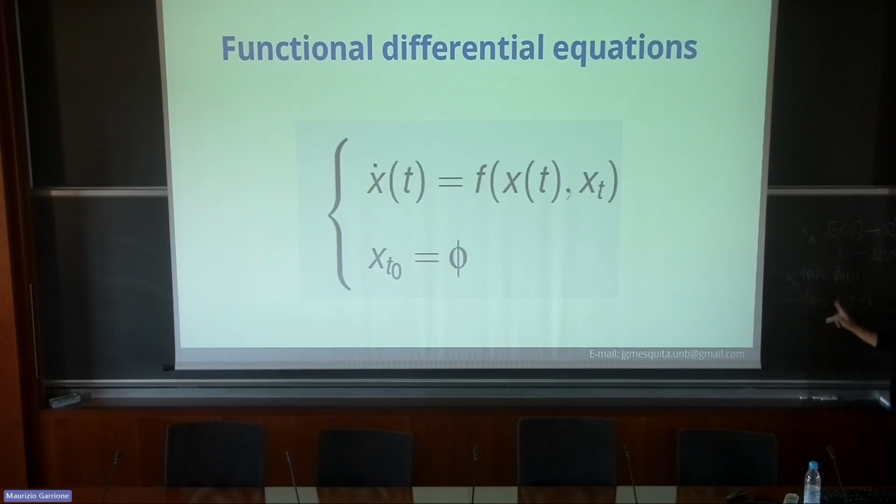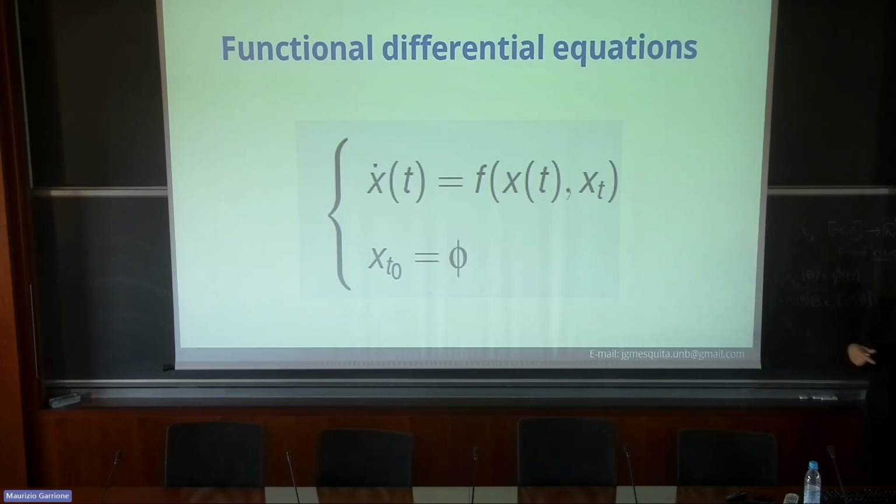Again, the initial condition is a function: not only do you need to know what's happening at a point, you really need to know what's happening in an interval. This brings some difficulties, including if you try to do simulations. When you simulate, you know what's happening with the solution in the beginning, and with this information you know what will happen in the next interval, and then with this information you know what's happening in another interval, and so on.